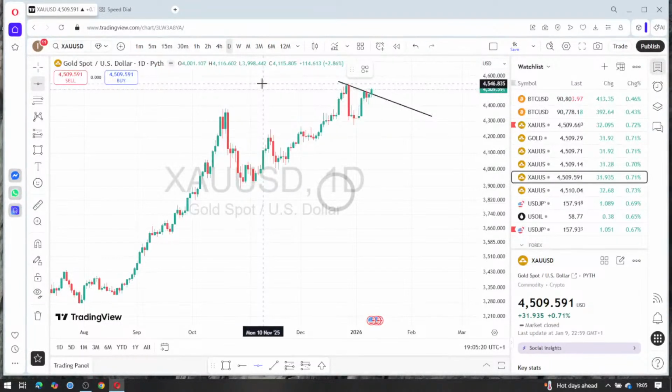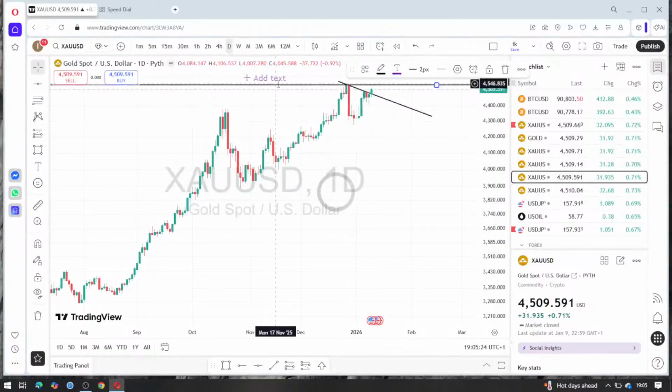Judge it as resistance, though it has not really proven itself as resistance apart from this particular one point area. But this also helps us understand that the market is going towards retesting the all-time high that it is coming from.